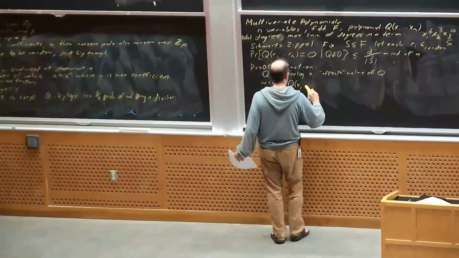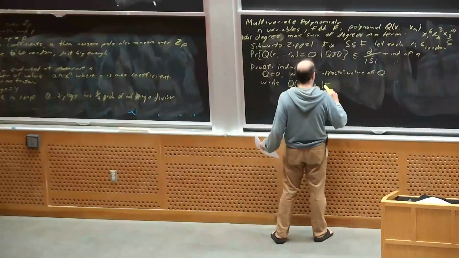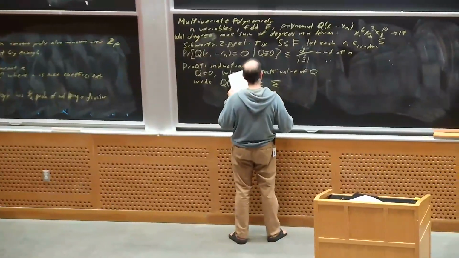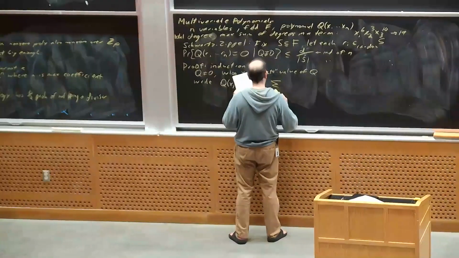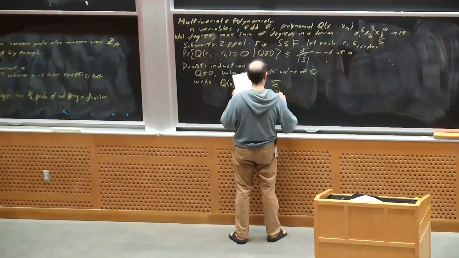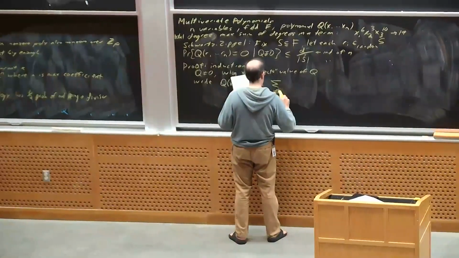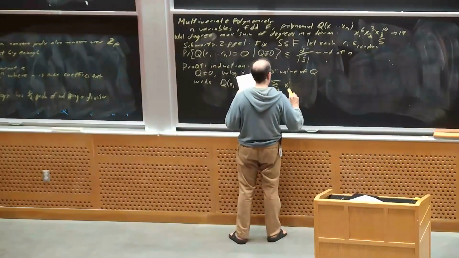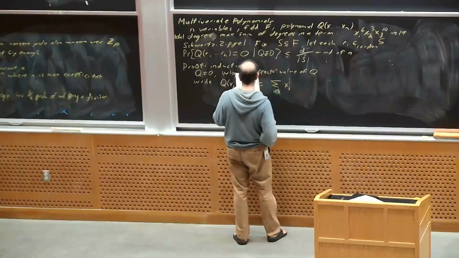of x1 through xn as a sum. We're just going to break it out as a polynomial in x1. It's going to go up to some k, the maximum degree that x1 ever appears in a term with.